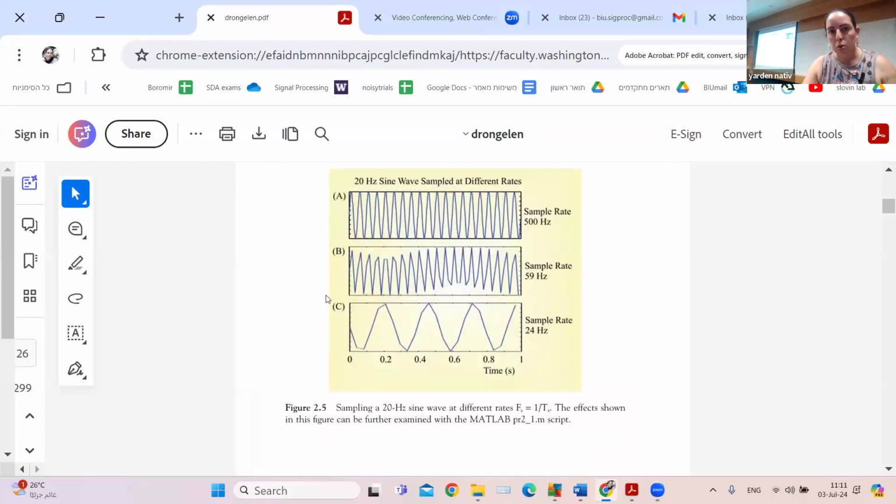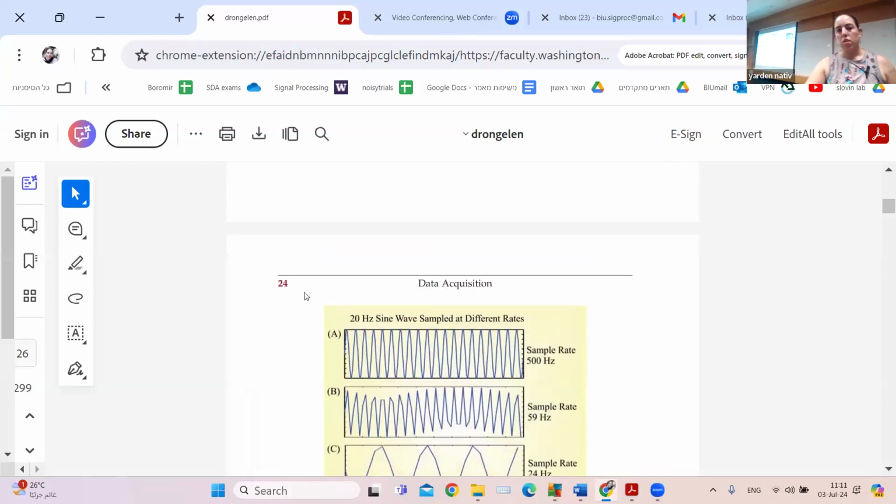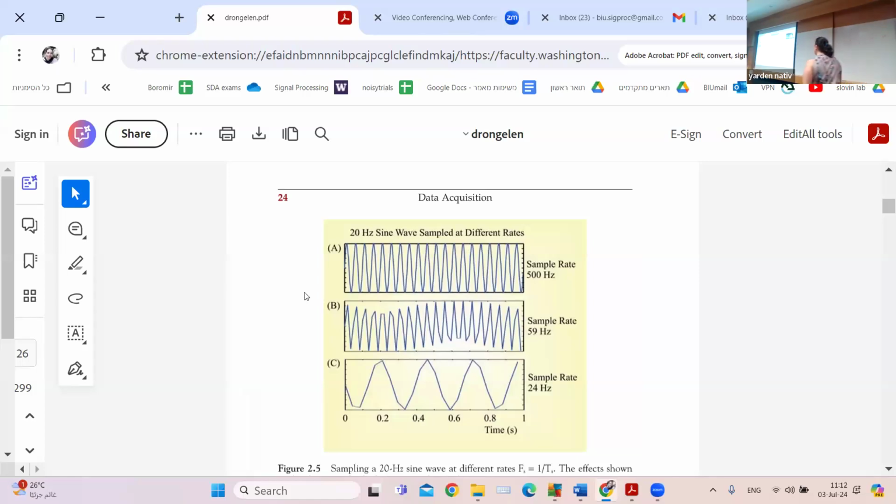Okay, so we have a 20 hertz sine wave that is sampled at different rates. What is the minimal sampling rate that we need to really have this sine function? We have 20, so our sampling rate needs to be 40, 2 times 20. So here we have an example for a sampling rate of 500 hertz.